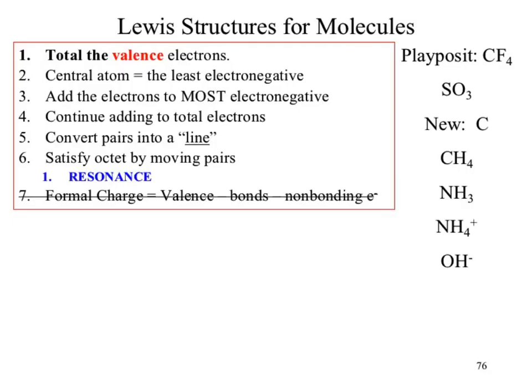Which sets us up with my shortened version of the rules, where I tried to boil it down to the bare essentials without any real descriptions. And now we could potentially work some practice. The last problems looked at CF4 and SO3. I would argue we could do new problems: carbon, methane, ammonia, hydroxide.